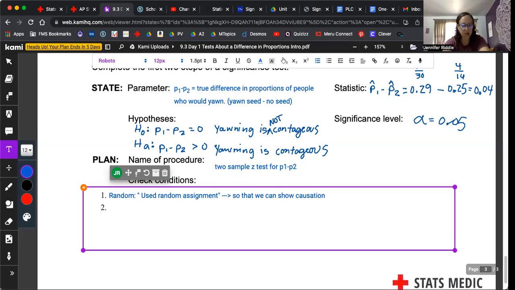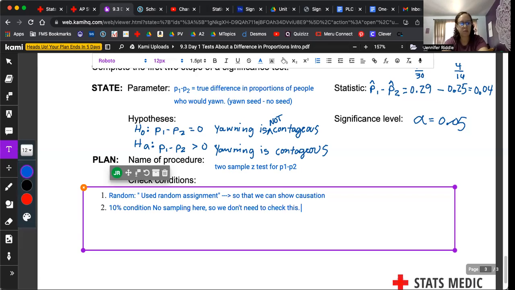Our second condition is the 10% condition. Remember, the reason we use the 10% condition is if we're sampling without replacement. In this case, we have no sampling here. This is an experiment, right? So we don't need to check this.